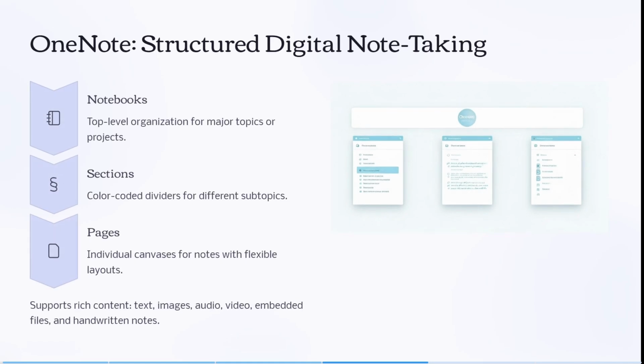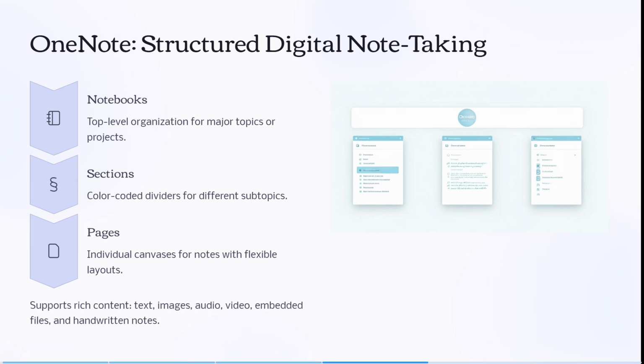Let's have a look at OneNote now. So OneNote is a top-level organization tool for major topics or projects. You also get color-coded dividers for different subtopics and individual canvases for notes with flexible layouts. It also supports rich content such as text, images, audio, video, embedded files, and handwritten notes.